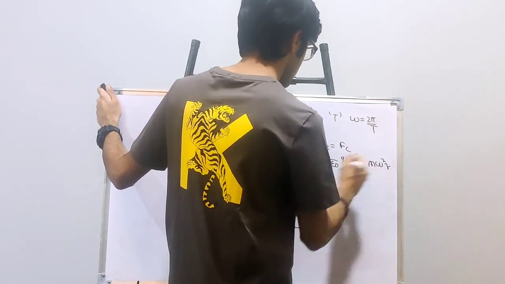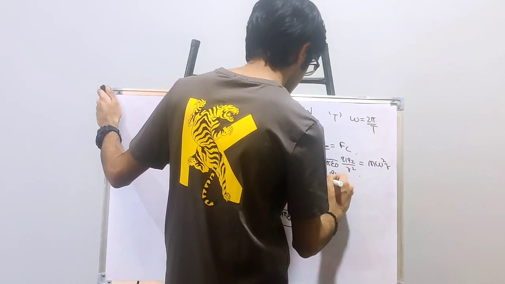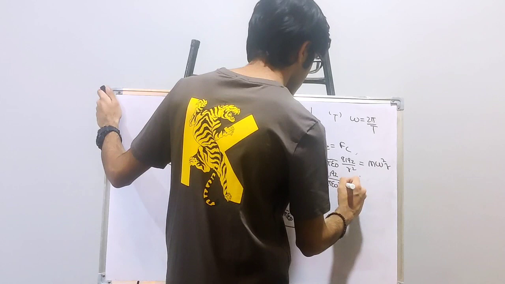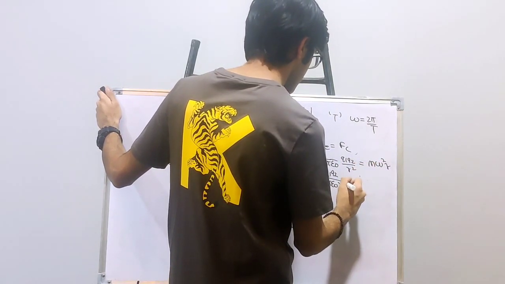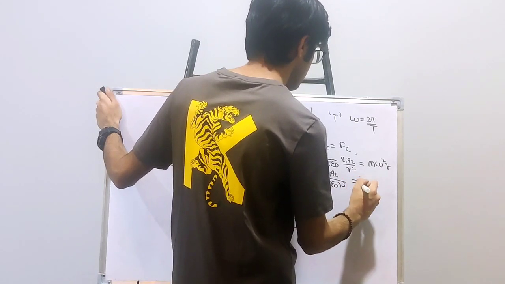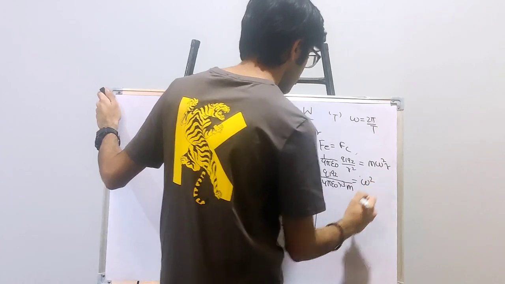So now we have q1 q2 upon 4 pi epsilon naught. This r will go in the denominator, so it will become r cubed, and mass will also go in the denominator, equal to omega squared.